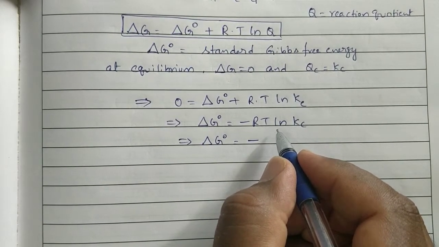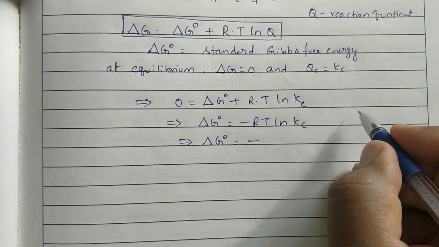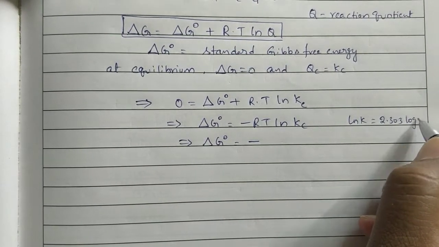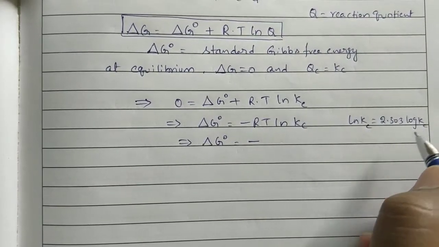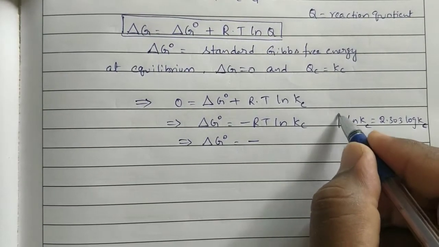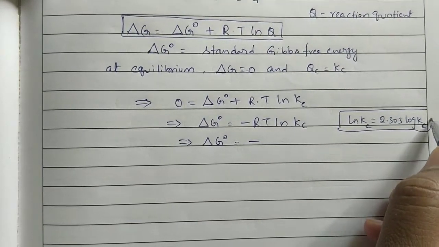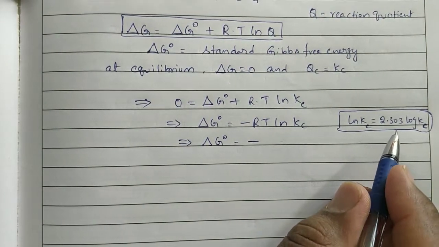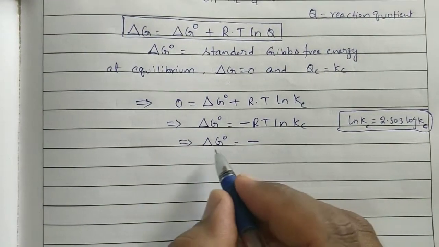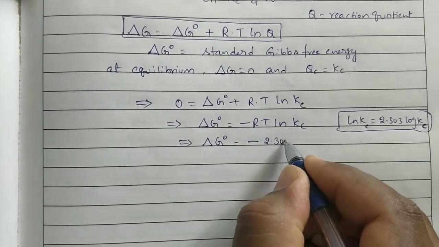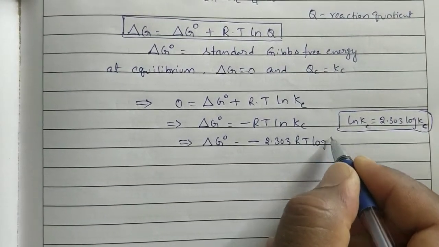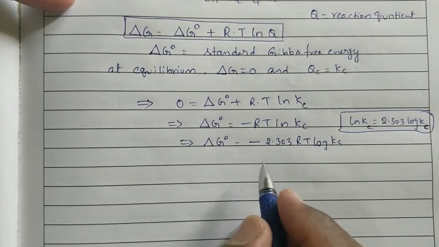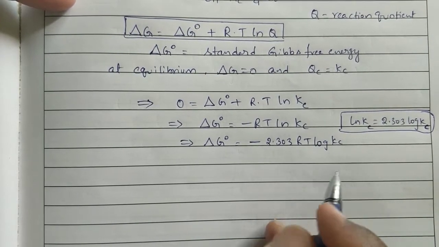If you want to convert natural logarithm into common logarithm, we need to multiply by 2.303. ln of K is equal to 2.303 into log K. So delta G naught is equal to minus 2.303 into RT log Kc.